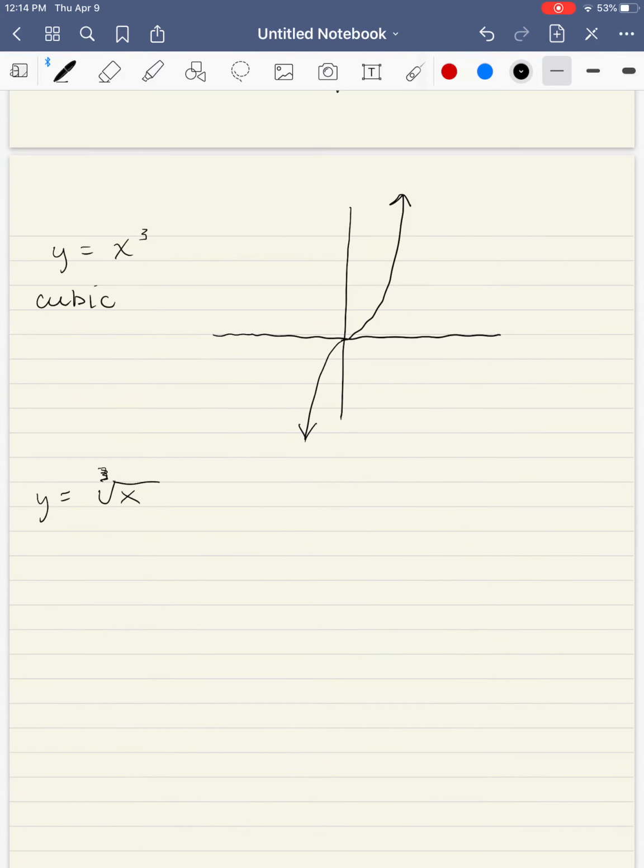Here, a cube root, because I have a 3 as my index, means what number would I multiply by itself 3 times to get x? And I can multiply a negative number times itself 3 times and get a negative result. So my curve looks like this over here, a little shallower than the square root, but I also have the portion over here because I can take the cube root of a negative number.